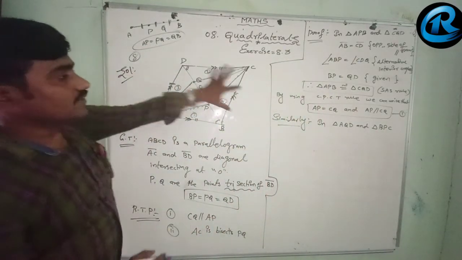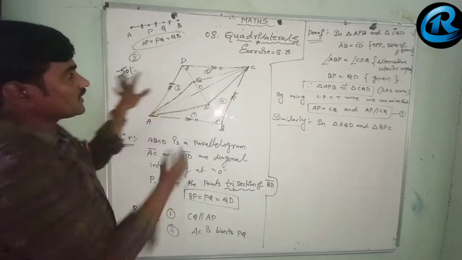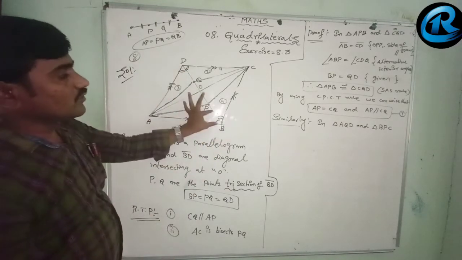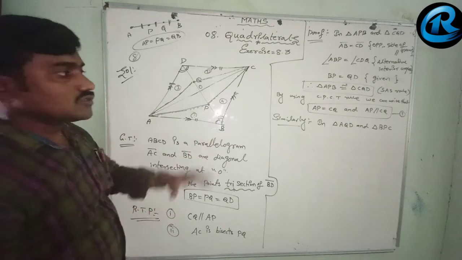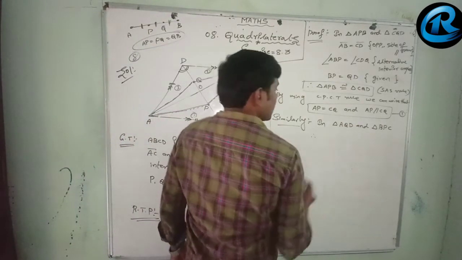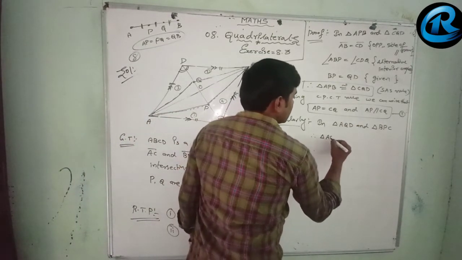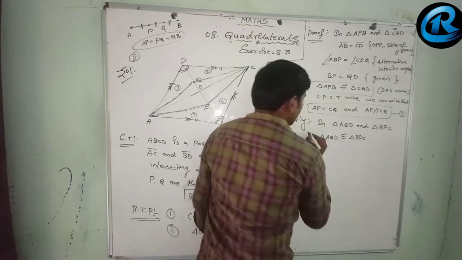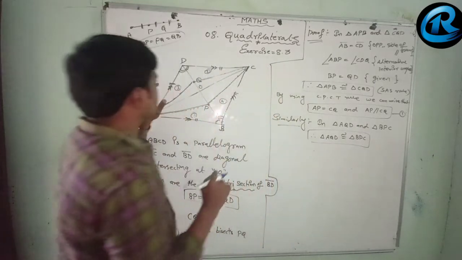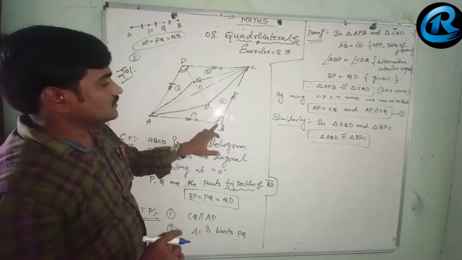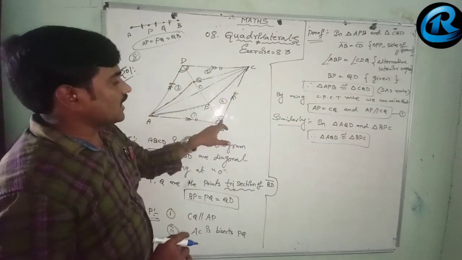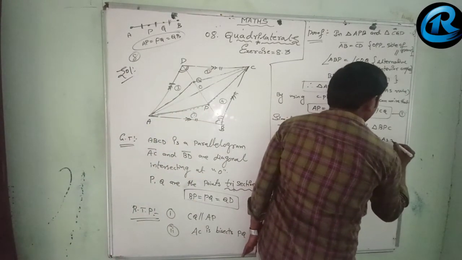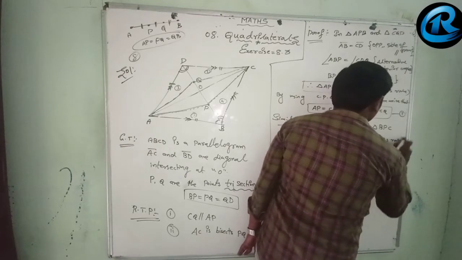See, side equal to side, alternate angles are equal, and DQ equal to BP. Same again. So similarly we can say these two triangles, triangle AQD is congruent to triangle BPC. ఎలా ఈక్వల్ అవుతాయి? సేమ్ అగైన్ side angle side rule.